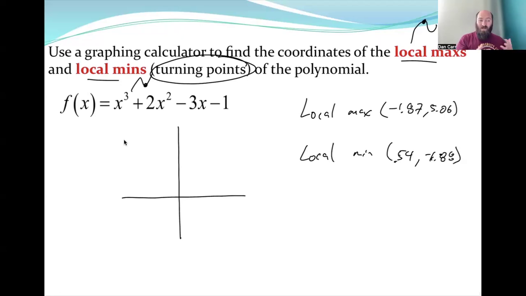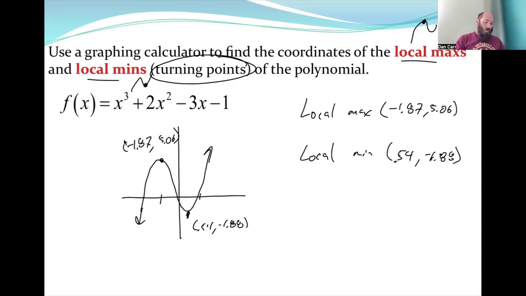Okay, so if I graph those out, I just do a very rough sketch of that. It's right about here-ish, negative 1.87, 5.06. And then 0.54 is going to be down here, we'll say, something like that. 0.54, negative 1.88. So my graph looked just something like this. Came here, here, and like that. Okay. Again, local mins and local maxes are referring to these 2 points.